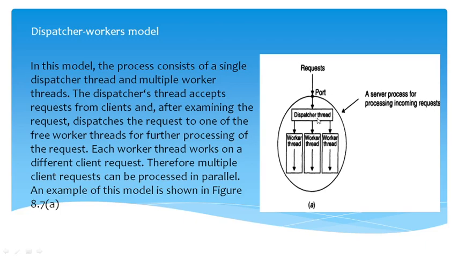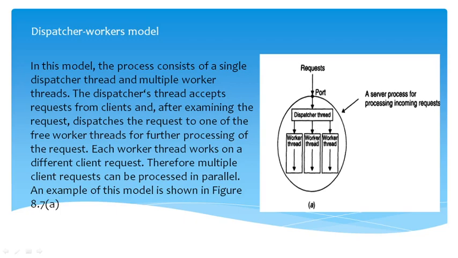This dispatcher thread will accept the request from the clients, and after examining what type of request it is, it will dispatch the request to one of the free worker threads.